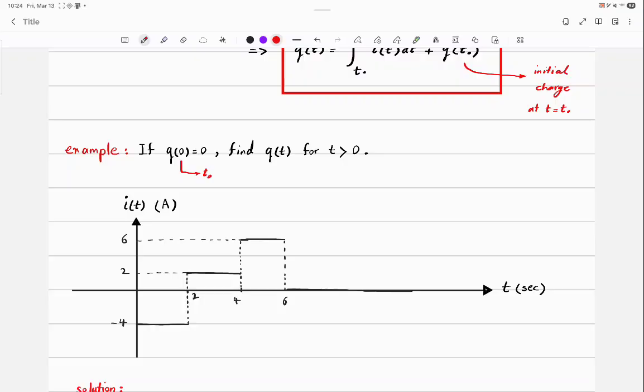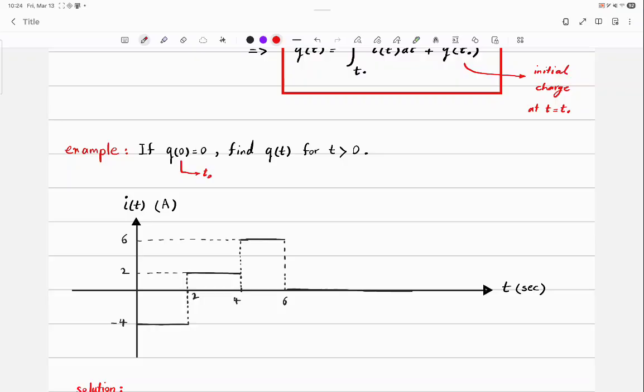Tell me, what should I write as the bounds of the integral? 2 to 4 or 2 to t, right? I'm going to use the general method because that's more difficult, and you can easily plug the value that you want. Integral of i(t') dt' plus q of 2.